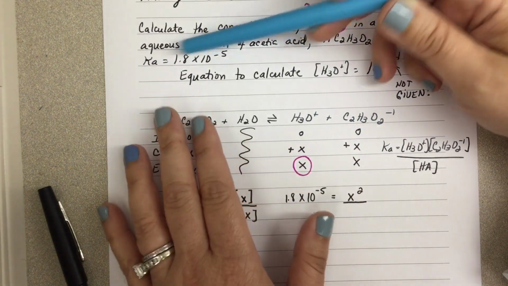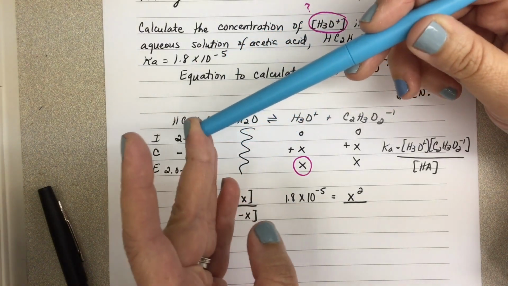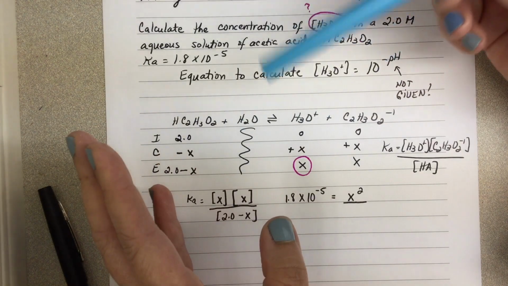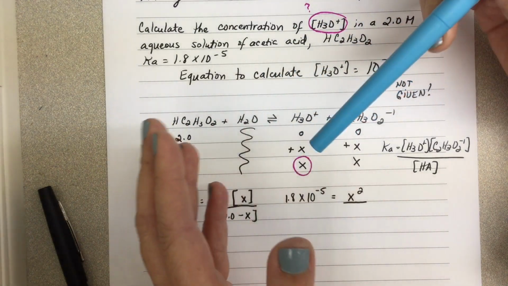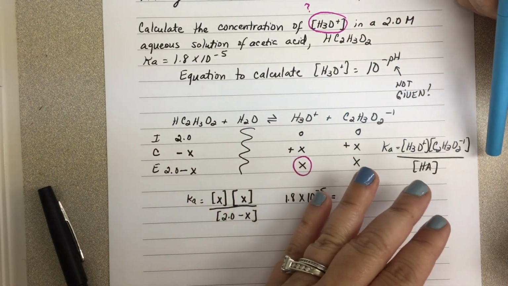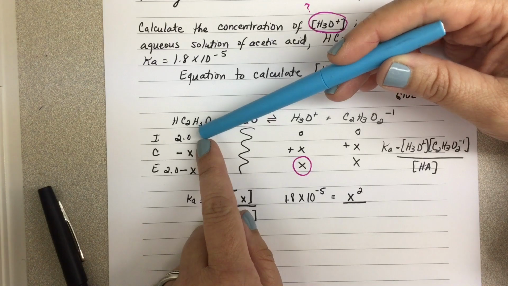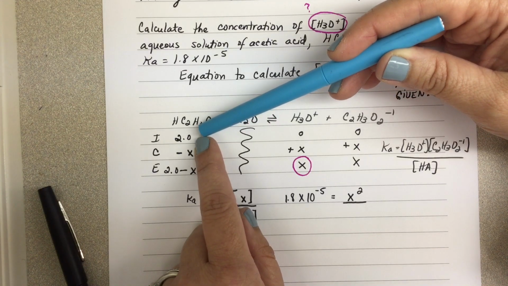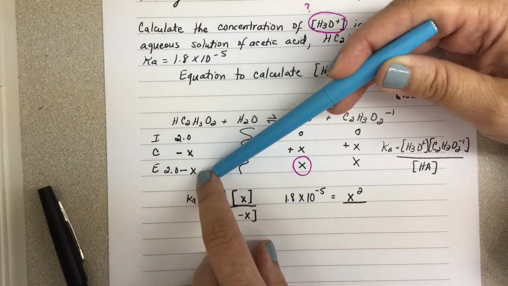Whenever the value of your equilibrium constant is 10 to the minus 4, minus 5, minus 6, minus 7, in other words, 10 to the minus 4 or smaller, we are going to assume that your initial concentration for the acid is equal to the concentration at equilibrium.